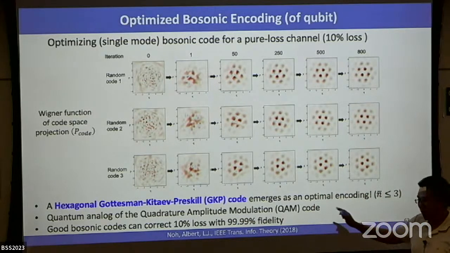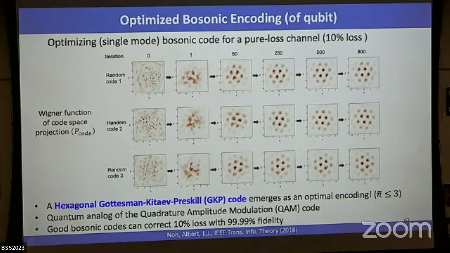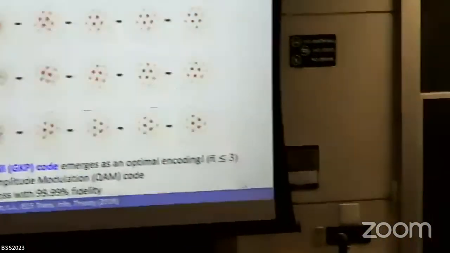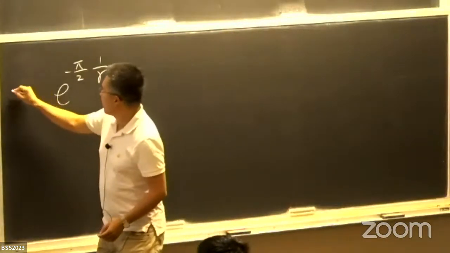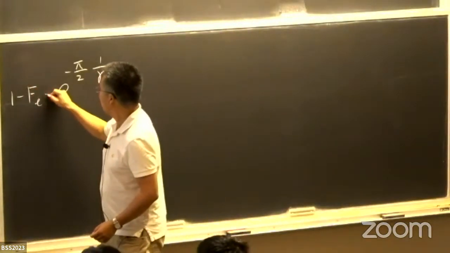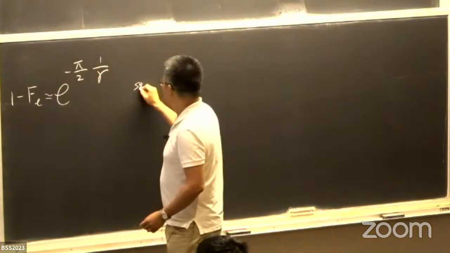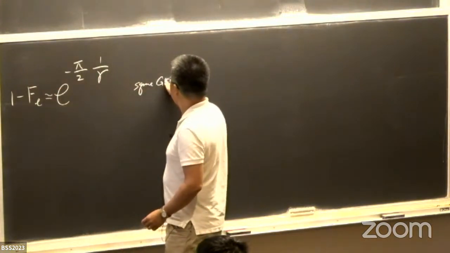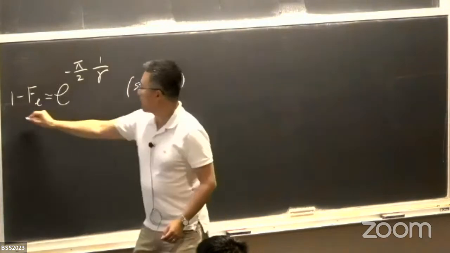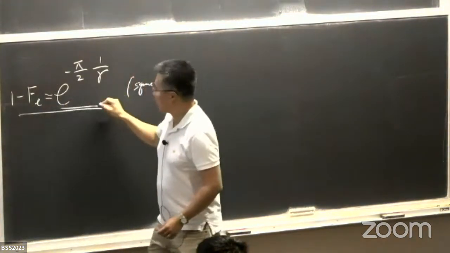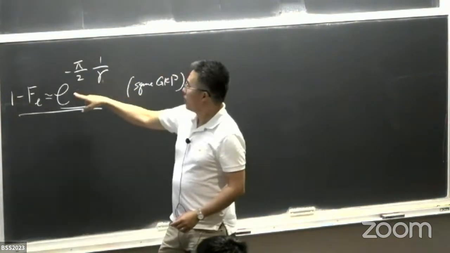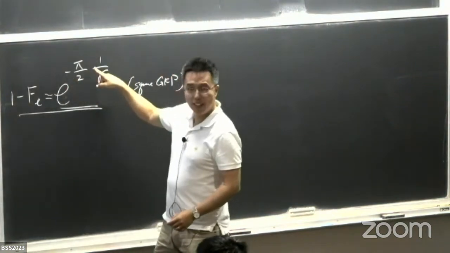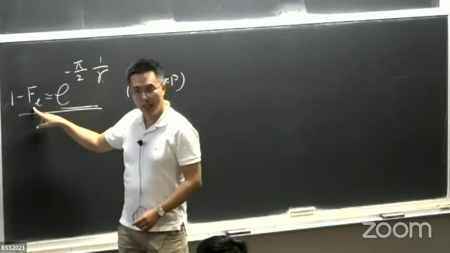But there is a fundamental limit on the best you can do. And that limit for the square lattice GKP is like a 1/. So that's the infidelity. This is for square GKP. And this expression is actually very impressive. I want to say a few more words about this, because first of all, when gamma approaches 0, it's e to the minus infinity, which indicates the infidelity goes to 0.